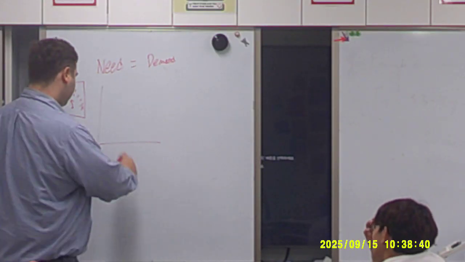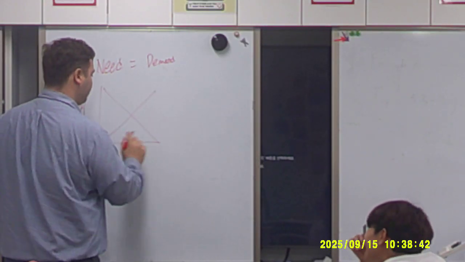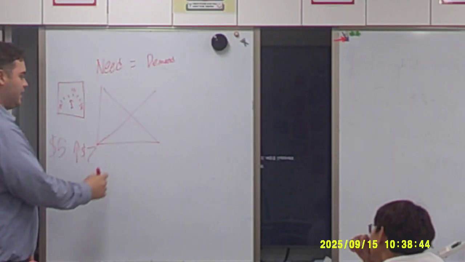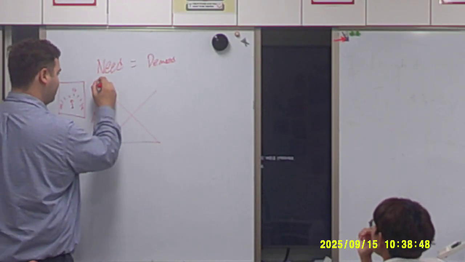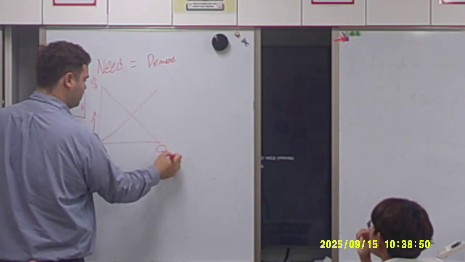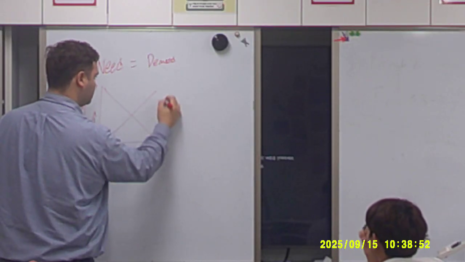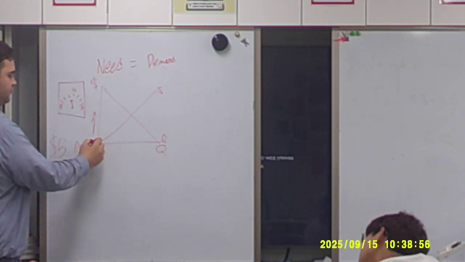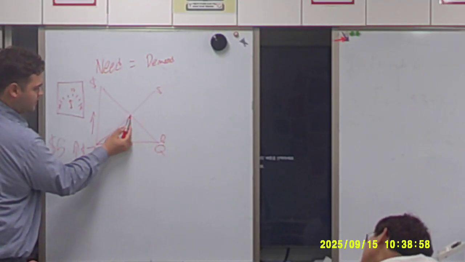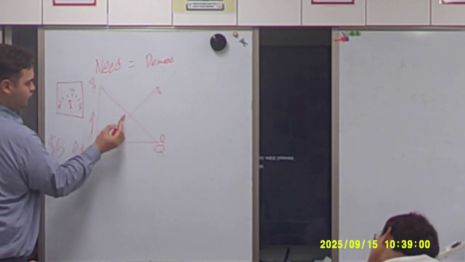Meaning that when we look at the supply and demand, right, if the price increases, the price increases. Okay? What happens? So as the price increases, the demand drops, right?